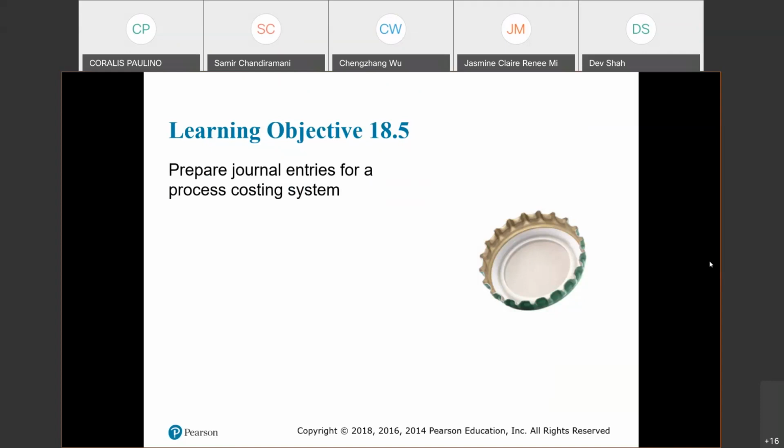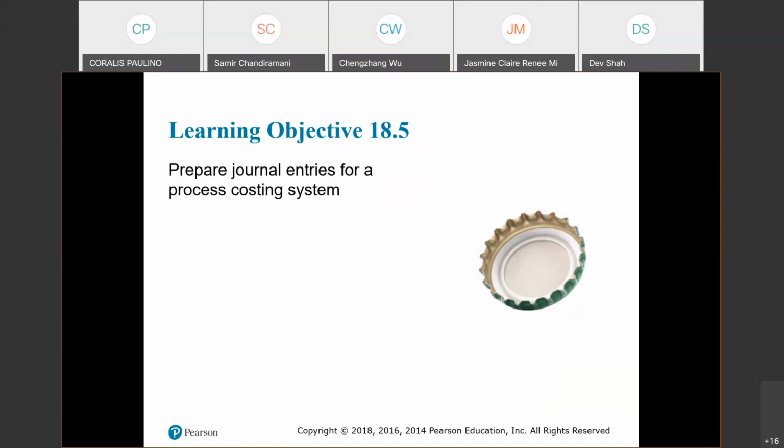When the production cost reports are prepared, the costs are assigned to units. The costs assigned to the units completed in each department are transferred from one WIP inventory account to the next and eventually finished goods inventory and COGS accounts.